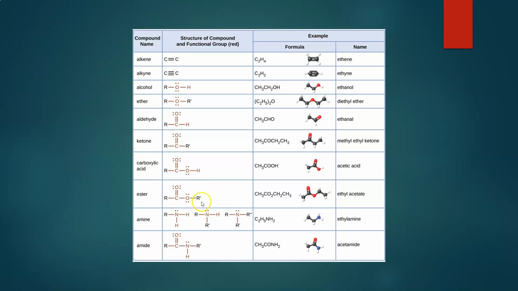Esters are a result of the reaction of an alcohol and an acid. The amines can be primary, secondary, or tertiary if one, two, or three atoms of hydrogen in ammonia are substituted by alkyl groups. The amide is similar to an acid, but instead of having the OH group, contains a nitrogen group.